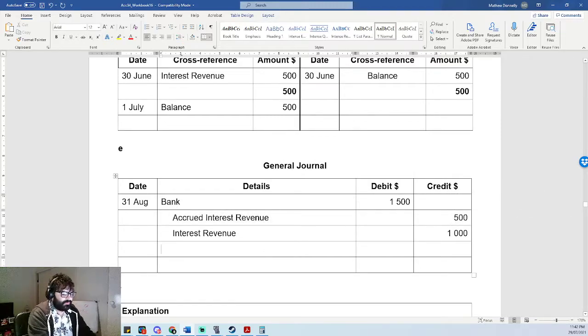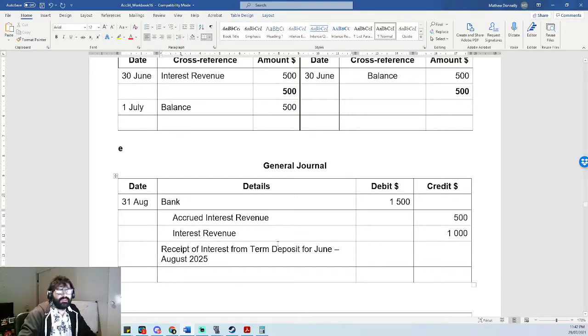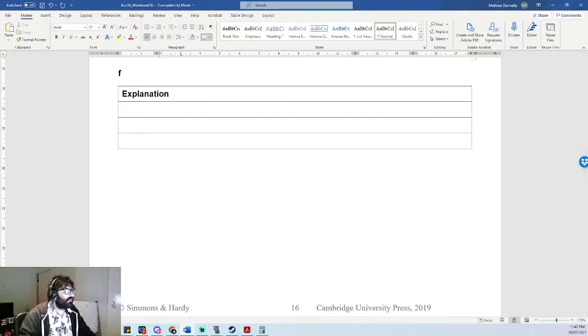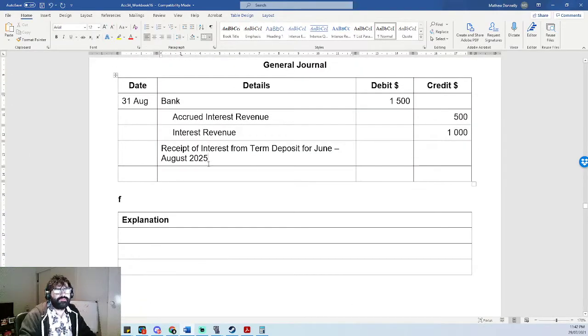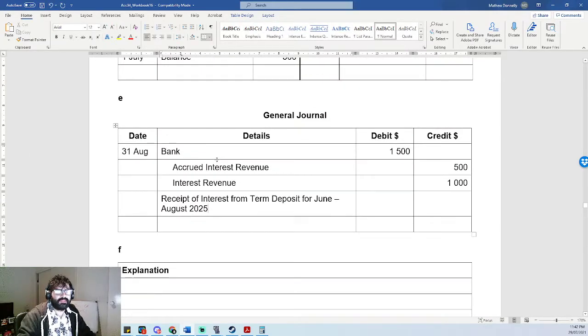So we go receipt of interest from term deposits, and you would go for June to August 2025, or something like that. So that's all you need to put. 31st of August, you just put the dates in. So if you're unsure of that, please do ask for my help in class tomorrow when I play this, because it will go a long way.